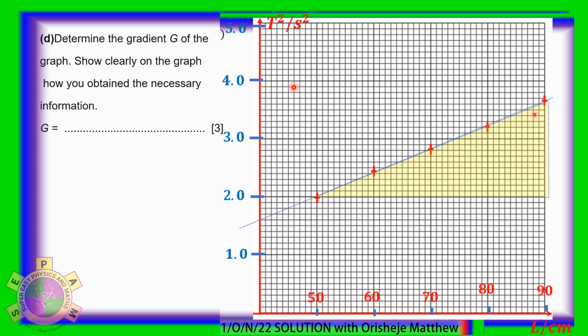The triangle must cover more than half of your line, so 3/4. I tell my students to use 3/4. Let the triangle cover 3/4 of your line. If you take a very small triangle, less than half, you won't get the answer, because what you are doing is taking the average.